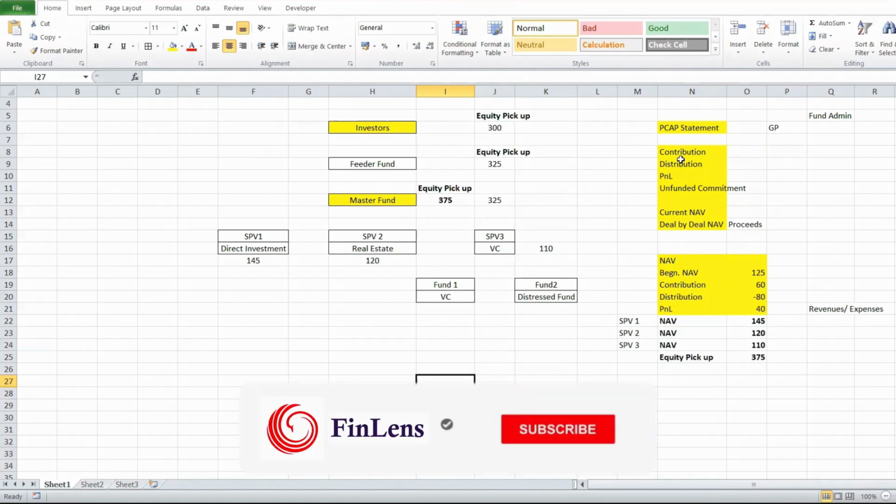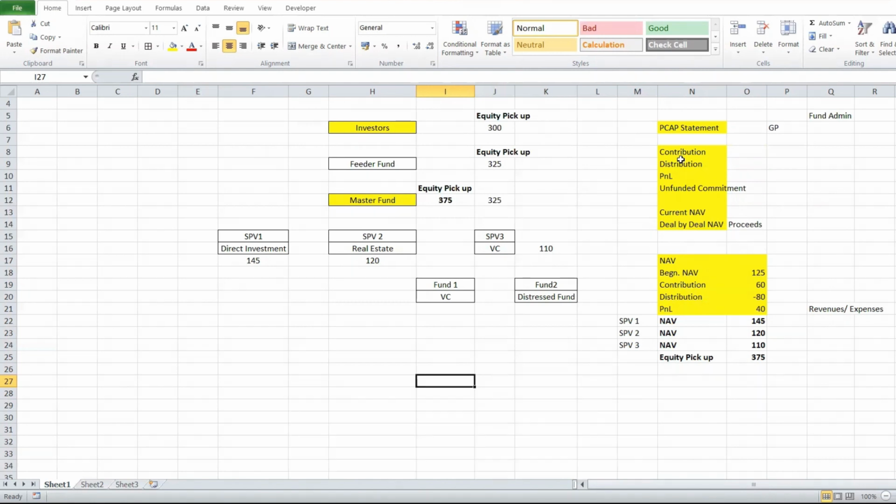What I believe is you should understand both concepts. Contribution, distribution, everything will be part of the balance sheet. But you should know the bifurcation, how it is coming. The beginning NAV, the contribution you have to add and then subtract, so plus minus. And then the profit and loss.